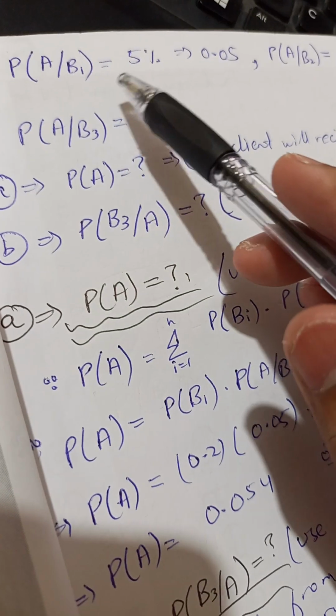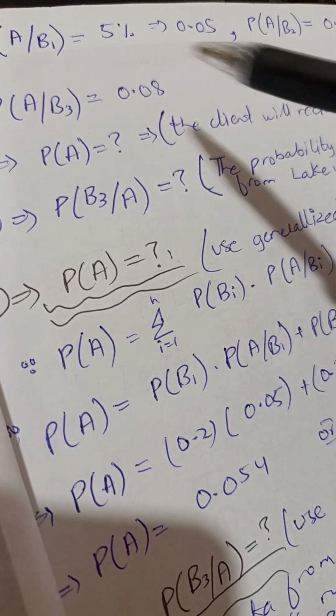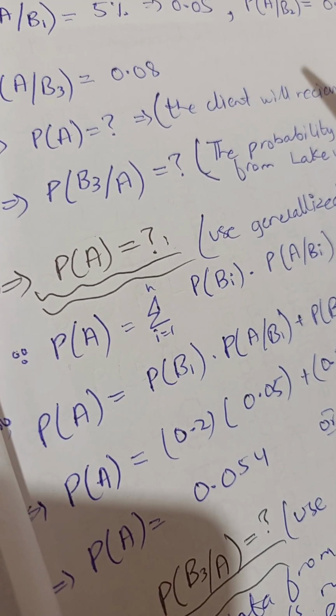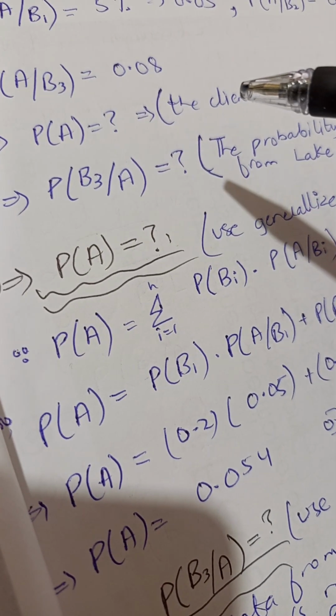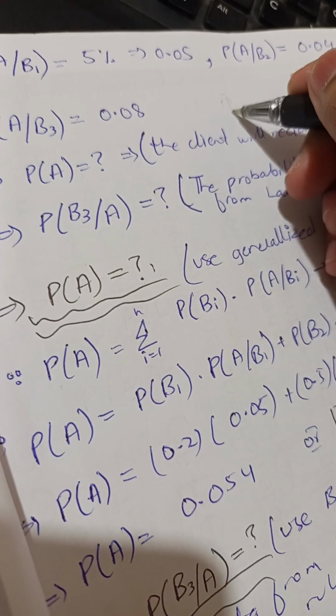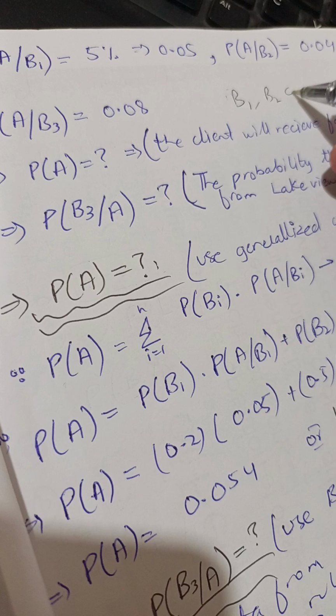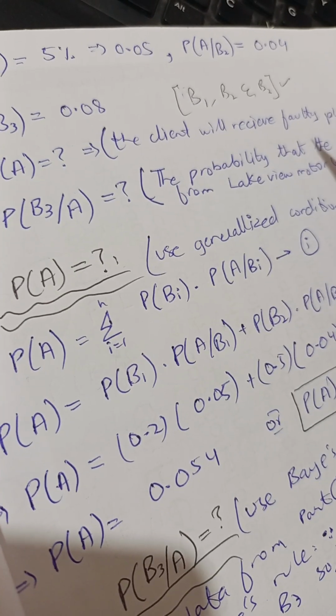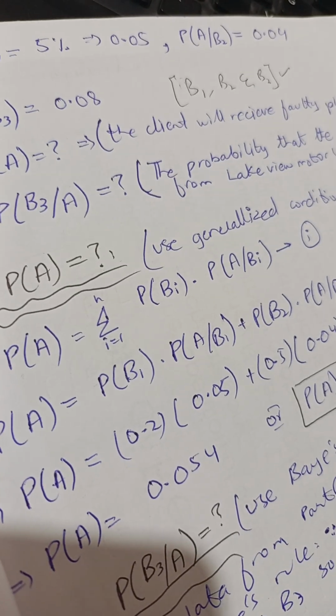Since we have different facilities, Sheraton, Lakeview Motor Lodge, and Ramada Inn, we are given different values of B1, B2 and B3. We can understand that we are given 3 types of room accommodations.